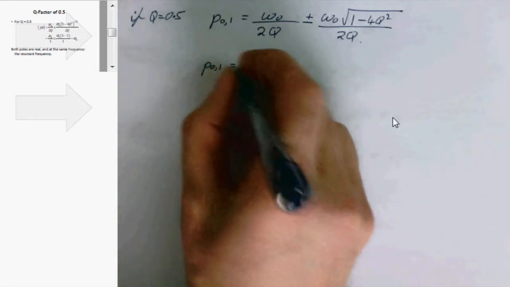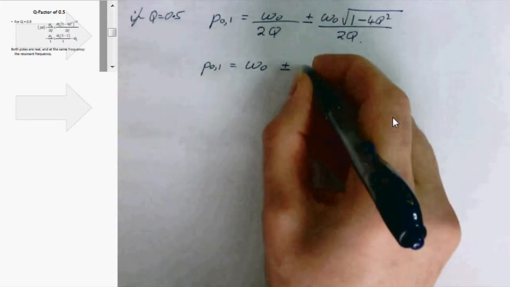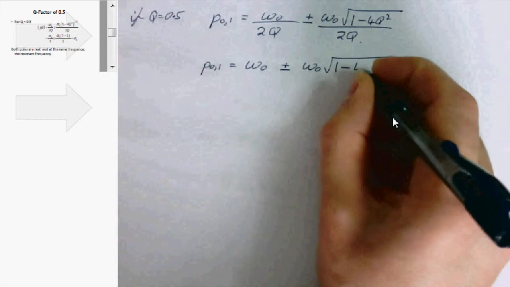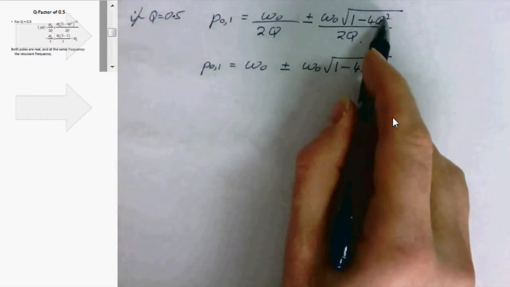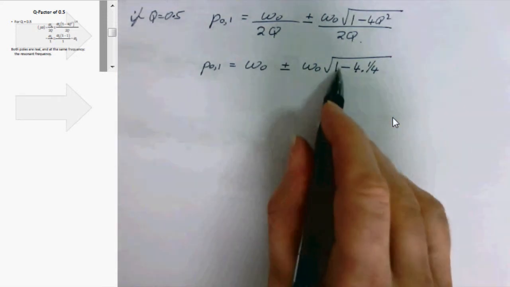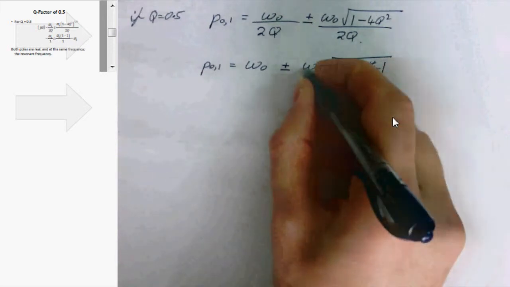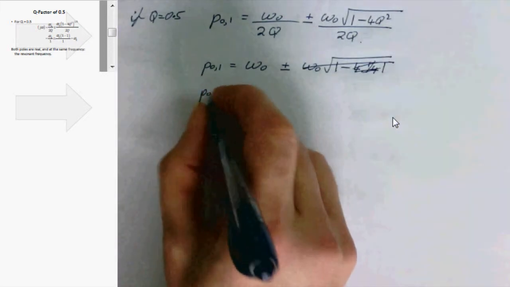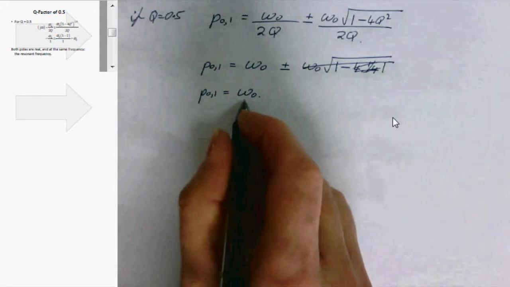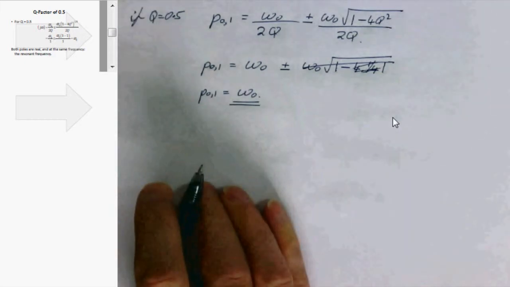P naught and 1 is just omega naught plus or minus omega naught over 1 times the square root of 1 minus 4 times 0.5 squared, which is a quarter. That's just 1 minus 1, which is 0. P naught and 1 is omega naught. Both of our poles occur at the same frequency and at the resonant frequency.